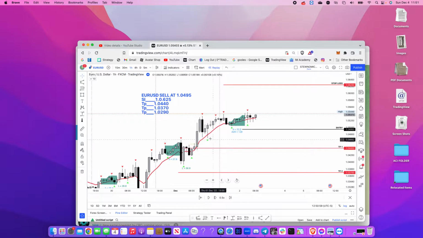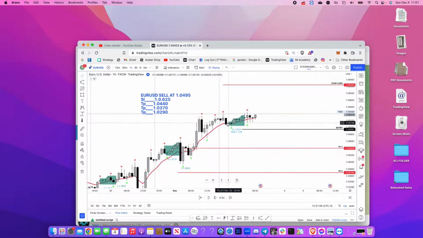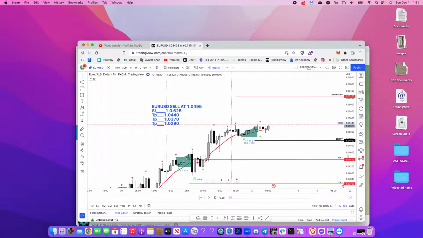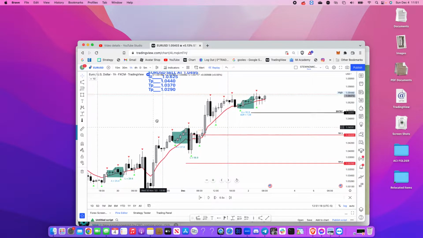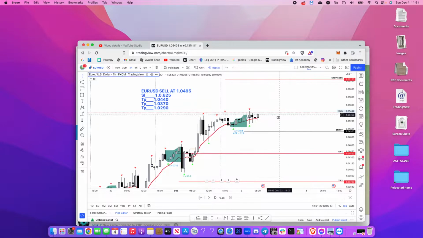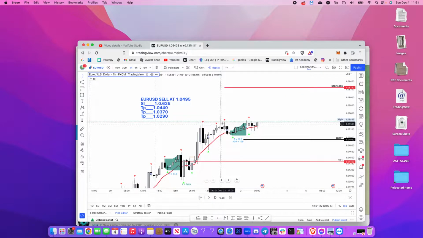Now, you got all that. Right now, this market is going sideways. So, the best thing to do is, well, this is the hour chart, and we see that the trend is going up. But we also see we start getting some resistance up here.